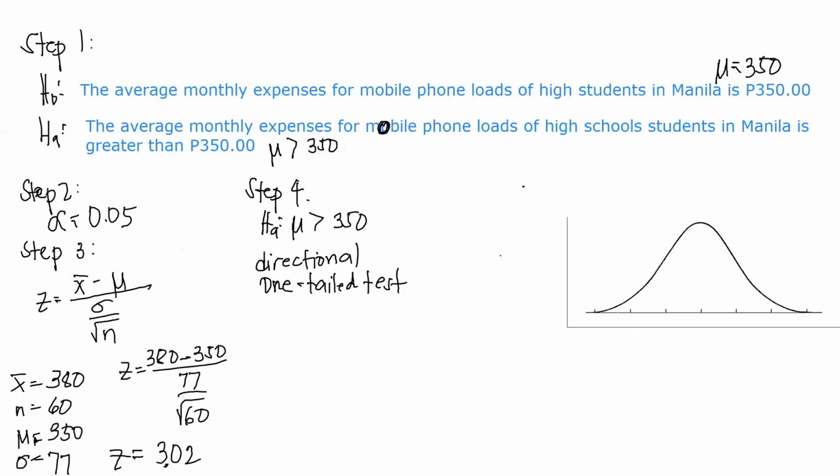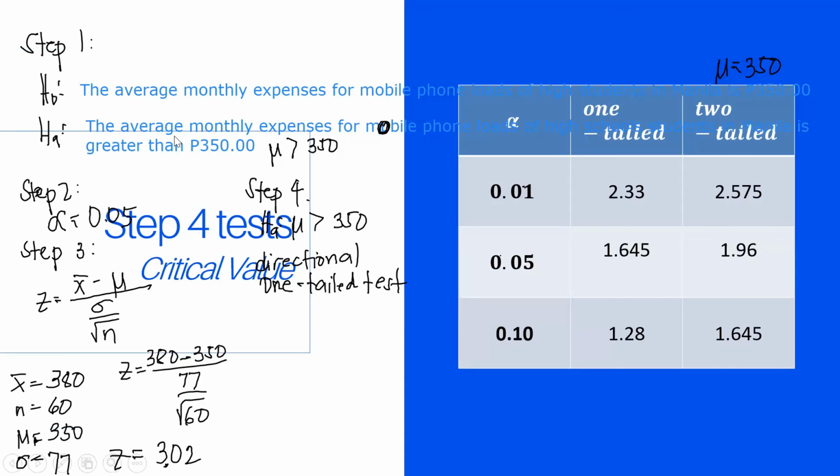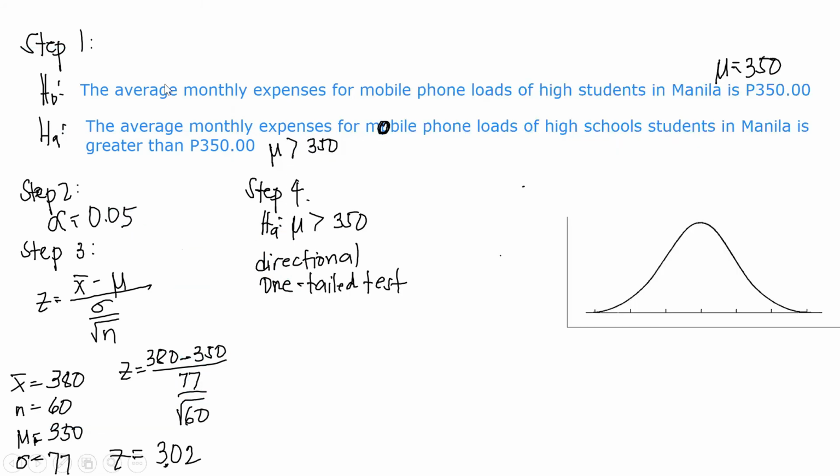Going back to our example, we will be using a one-tailed test. Now, our alpha level is 0.05. And since we will be using a one-tailed test, therefore, the intersection would be the value of our critical value, which is 1.645. Why do we obtain 1.645?